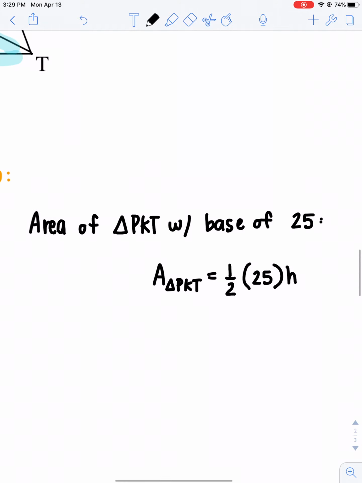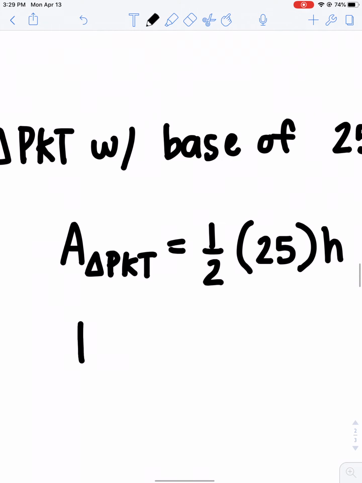But I know that I could substitute 150 in for this area. So 150 equals 1/2 times 25 times our height. Then I can divide that over and solve for my height. So I now get a height of 12.